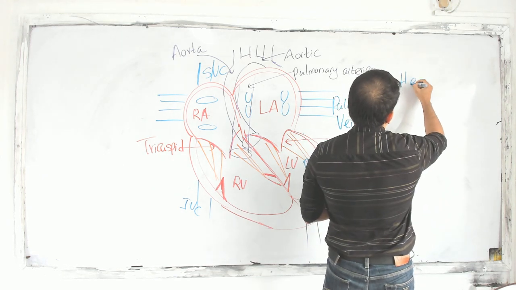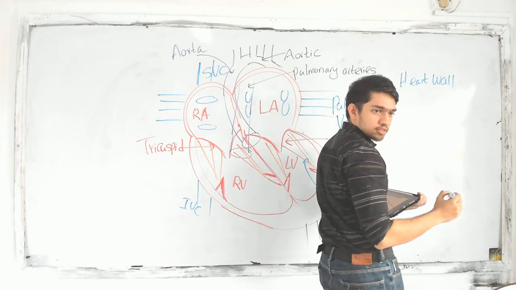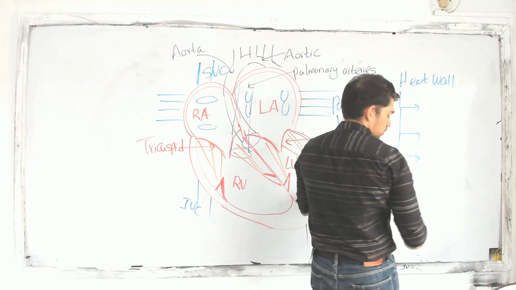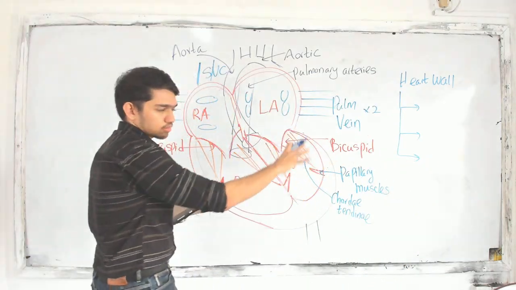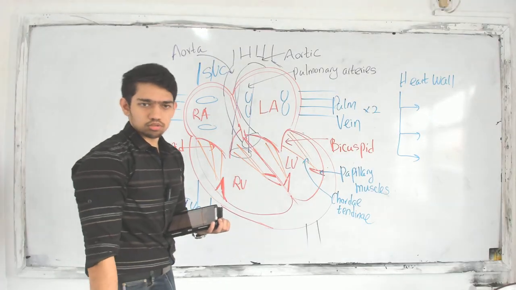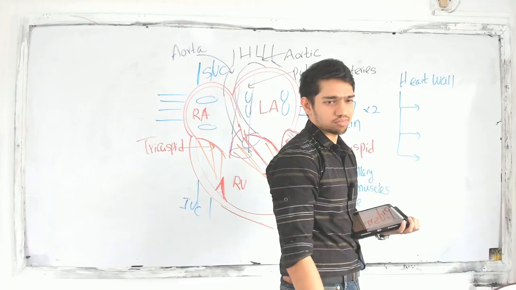Right, heart wall has 3 layers, right? After doing the labeling, write down small points. It's just a short note, part of, it's not today's lesson. We are just doing it. It's a revision class, right?